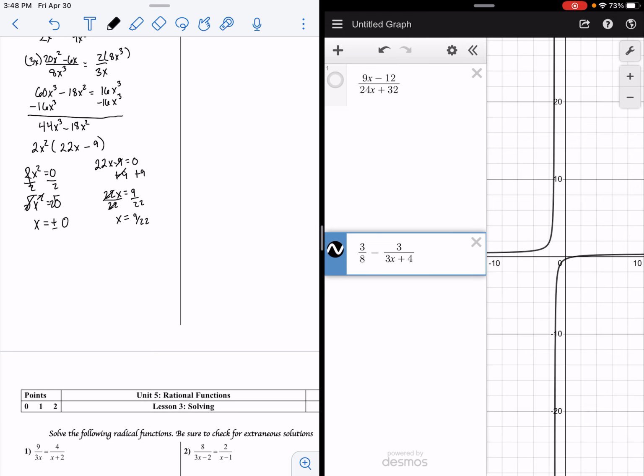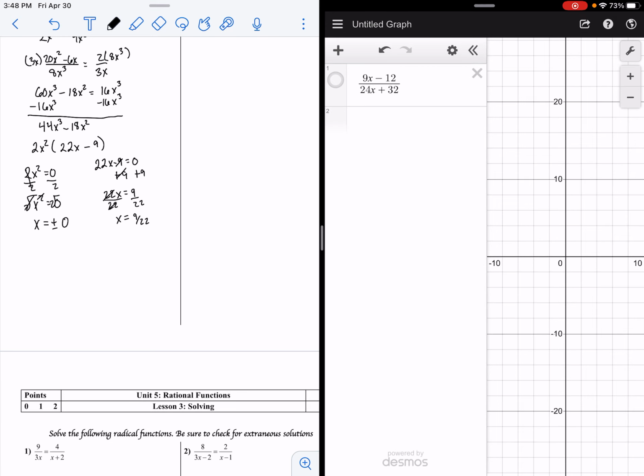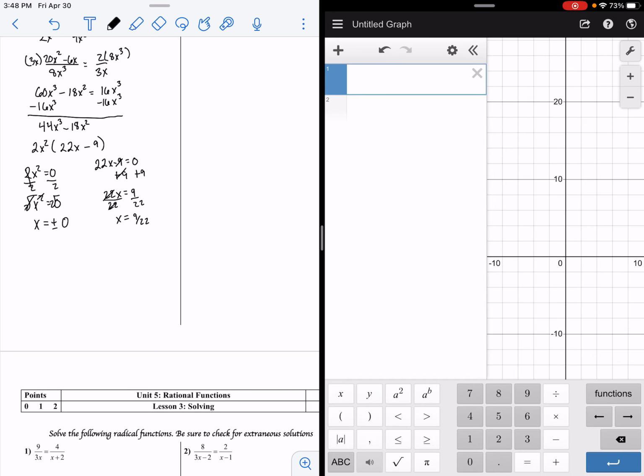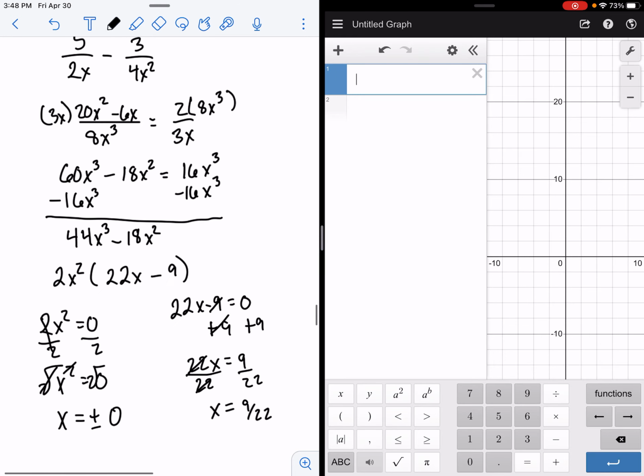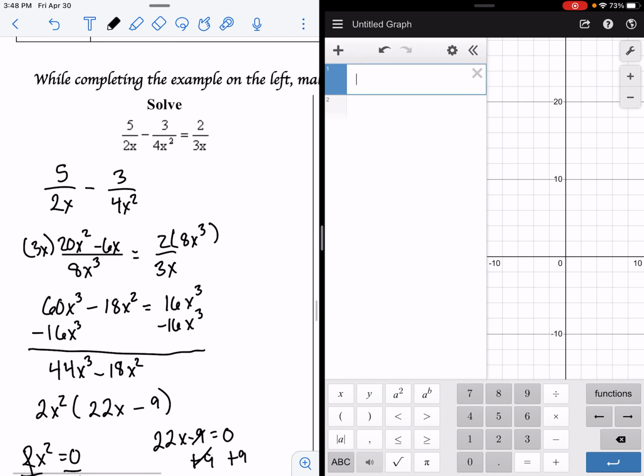You can then go back to Desmos and verify. So I treat each one of these as its own function. Let's say f of x here and g of x here.